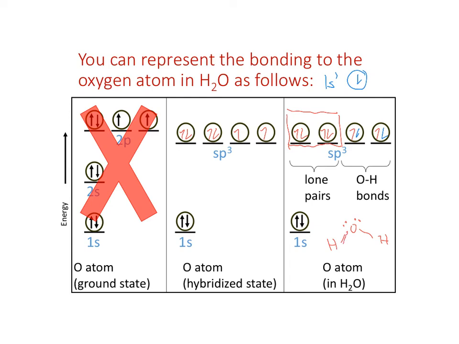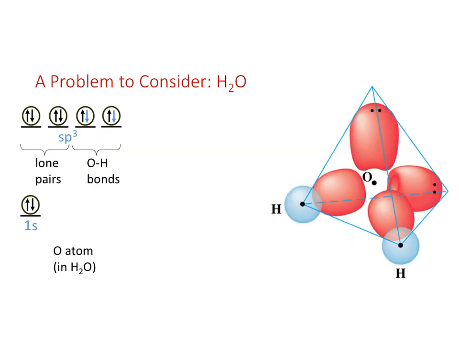So my lone pair electrons are in hybrid sp3 orbitals, and my 2 bonding interactions occur between hybrid sp3 orbitals on oxygen and the atomic s orbital on hydrogen. And that's exactly how I would describe this, right?